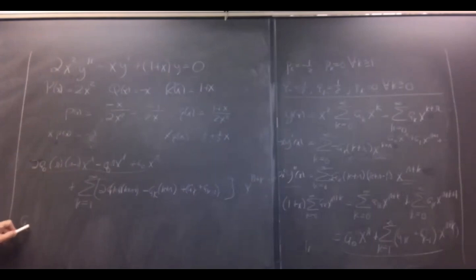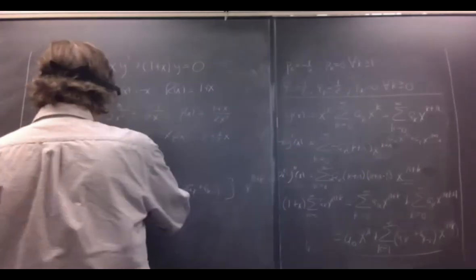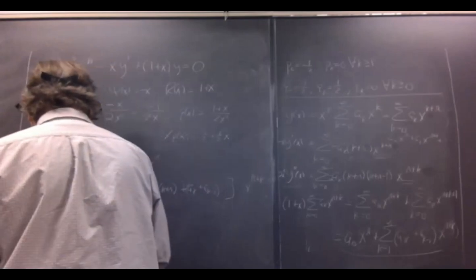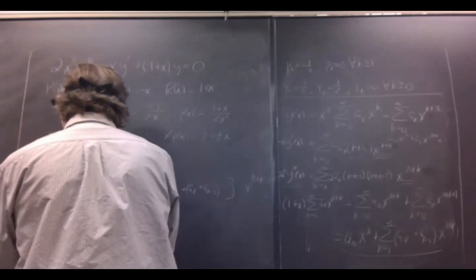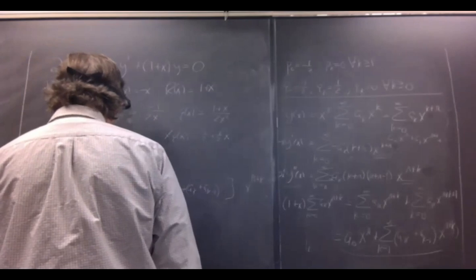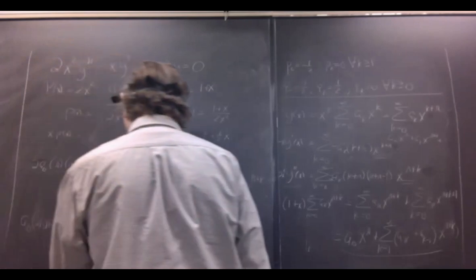So if I take the a naught out and the x to the r power and see what I have left, I have here 2r times r minus 1 minus a naught r, I'll give myself a little more space, minus a naught r plus 1 x to the r.